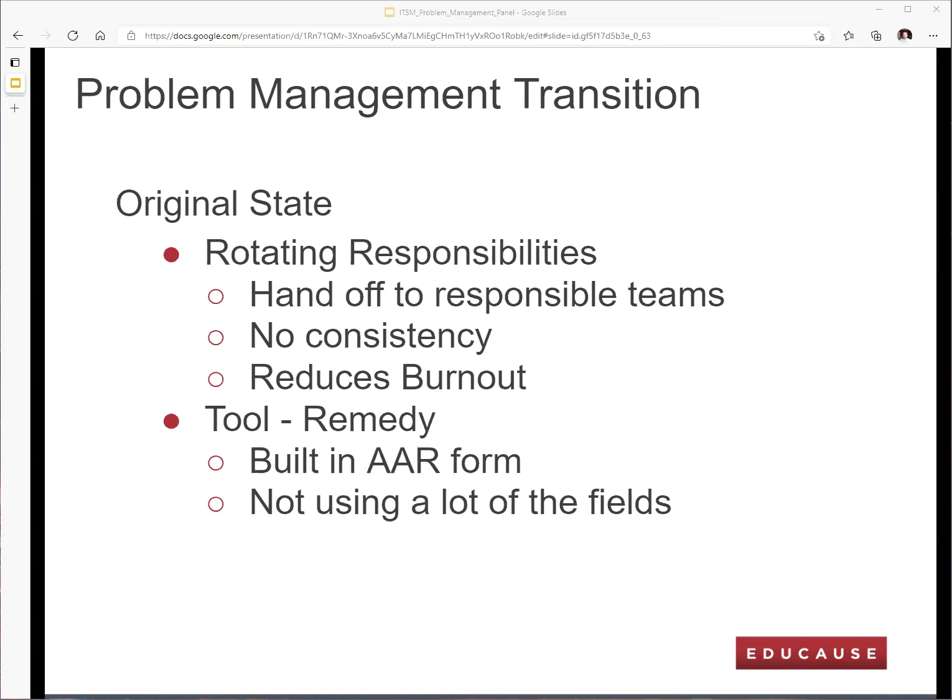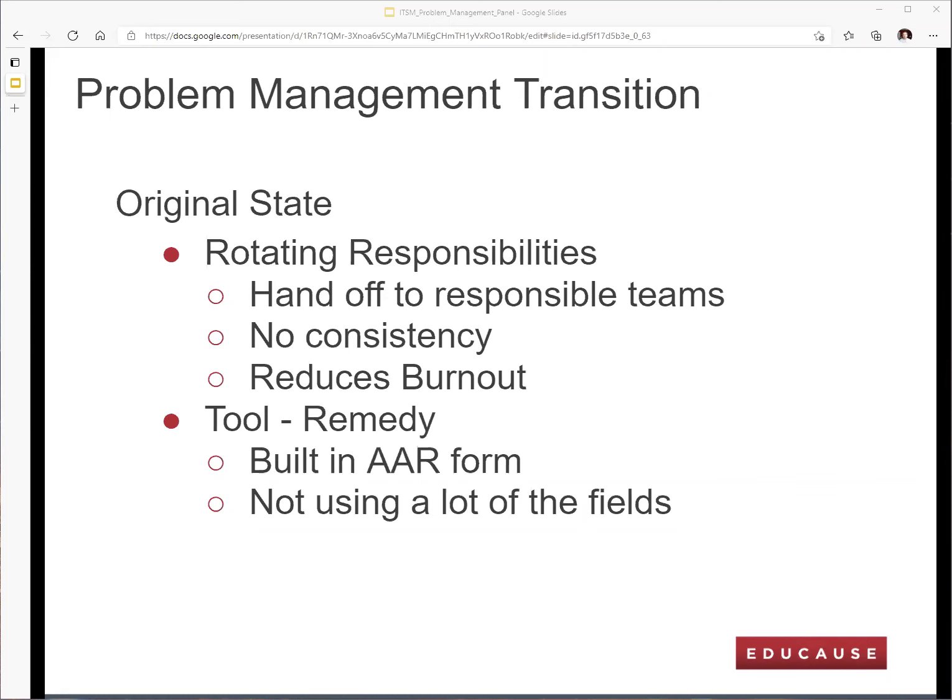They would get the call if there was an issue, and they would hand it off to the teams that were responsible. It really didn't provide a whole lot of consistency within the program, but it did provide the benefit of reducing burnout. No one person was on the hook on a consistent basis to make sure that problems were getting solved and moving through the process.